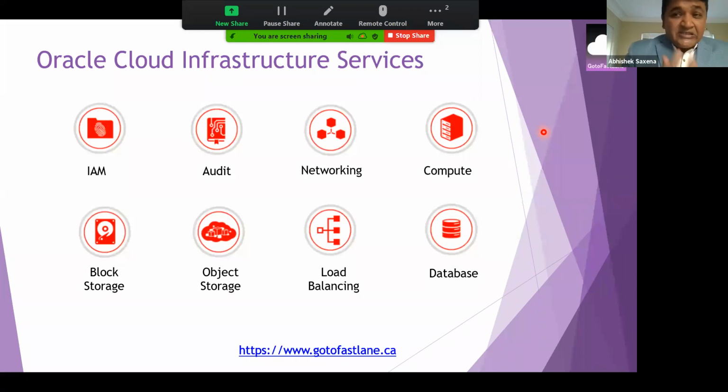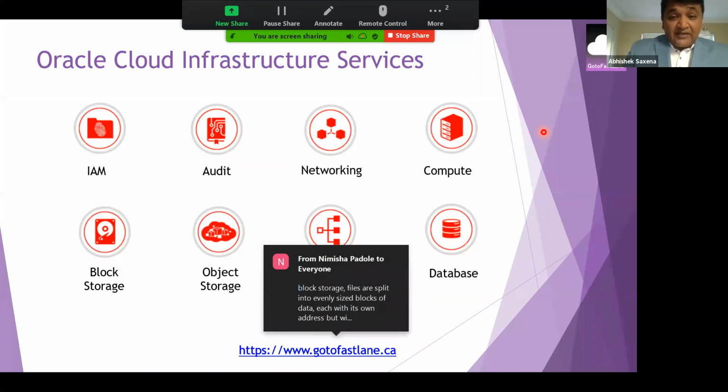If you have unstructured data, backups, or you want to download certain security patches, for that you need object storage. It is like an additional USB, in layman's terms. The object storage service helps you manage data as objects, accessed over the internet.